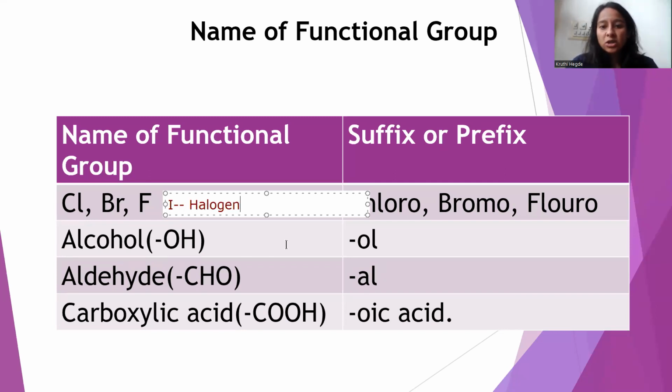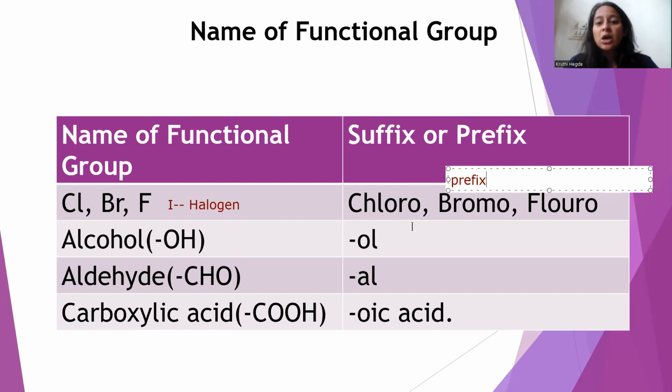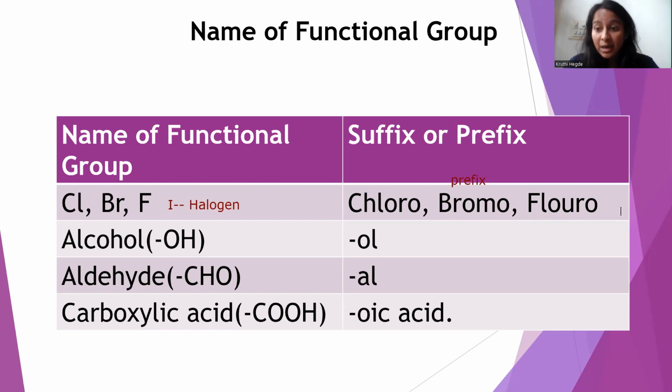When it is halogen, its name will be a prefix. What should be the prefix? Chloro if chlorine is there, bromo if bromine, fluoro if fluorine, iodo if iodine.